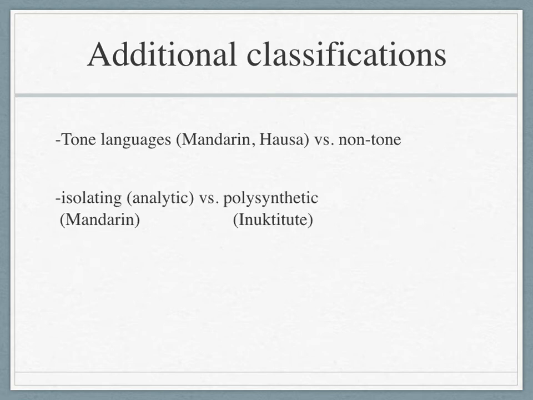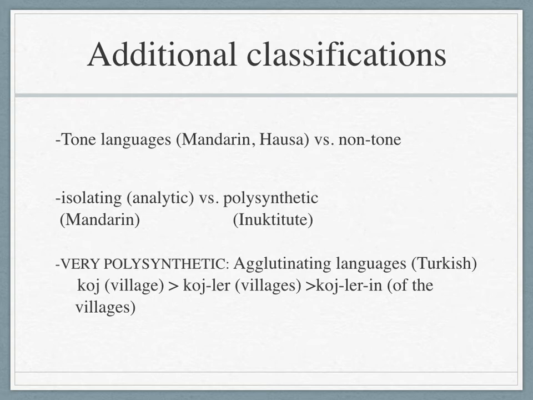And then all languages fall somewhere on a continuum of being what we would call isolating on one end of things versus polysynthetic. This is a pretty complicated concept, but it basically means how much meaning is conveyed at the word level using morphemes, in the case of polysynthetic or agglutinating languages, versus how much meaning is conveyed using syntactic grammar and smaller separate words, right? So if a language uses lots of smaller separate words, that's more isolating.